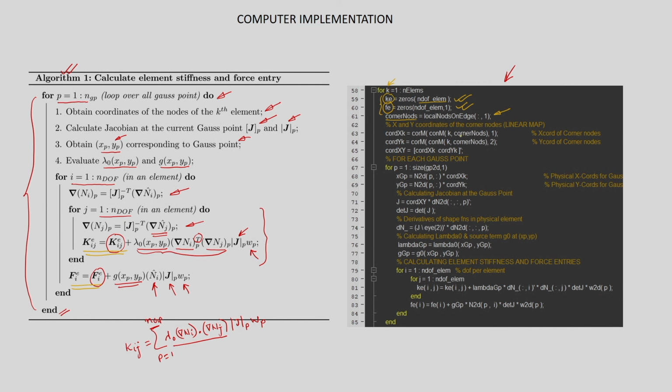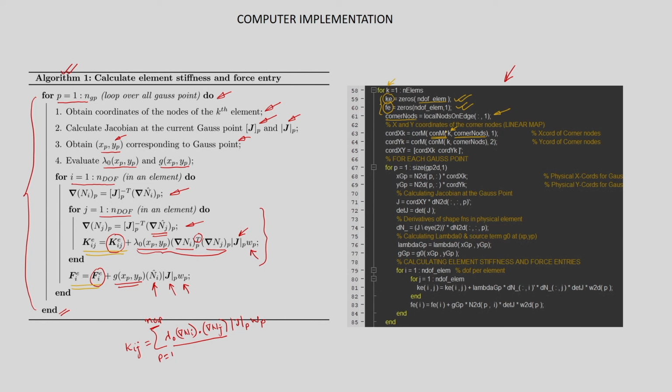Now, we will calculate for the kth element the degrees of freedom. In this case the degrees of freedom and the number of nodes are the same, because we have 1 DOF per node. So, for this problem node and degrees of freedom are the same number.